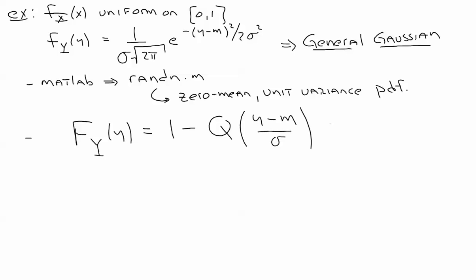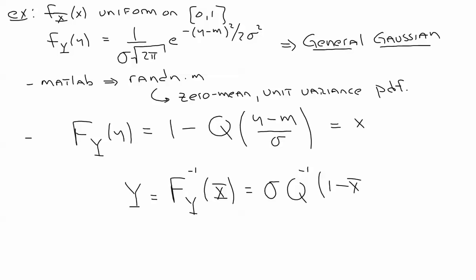I'm going to set that equal to x and invert it. And very simply, y is the inverse cumulative distribution function for y evaluated at x, and that is sigma times Q inverse of 1 minus x, plus m. Always under the assumption that x is uniformly distributed on the range 0 to 1.